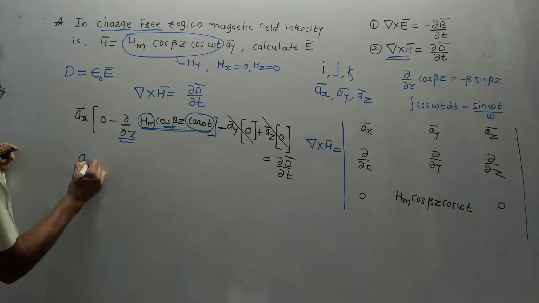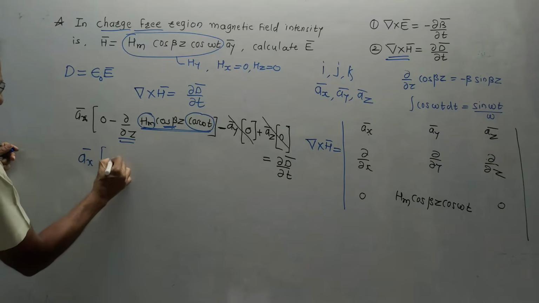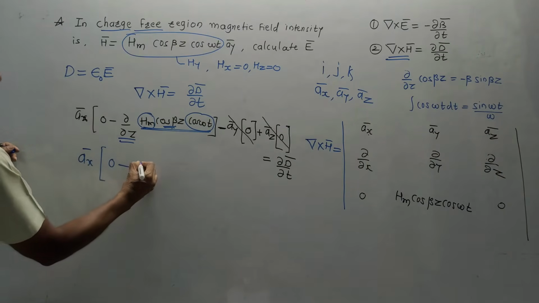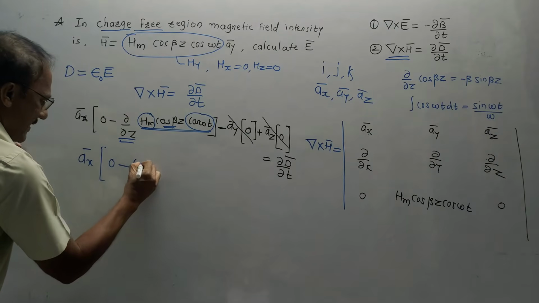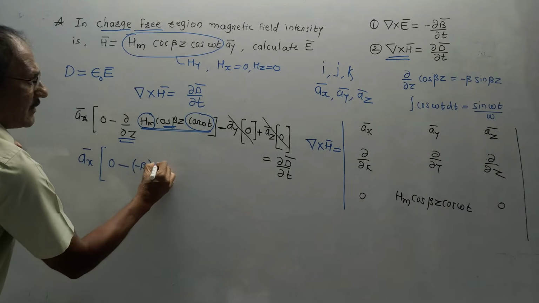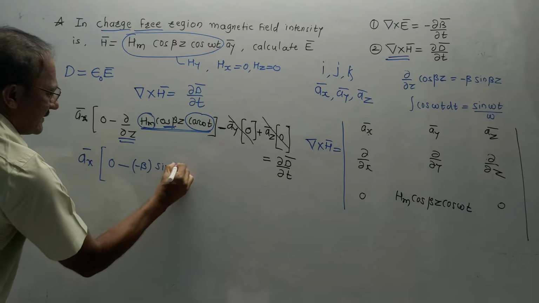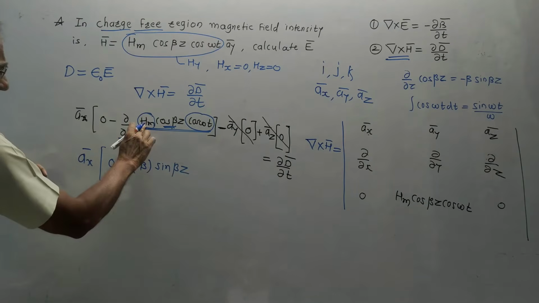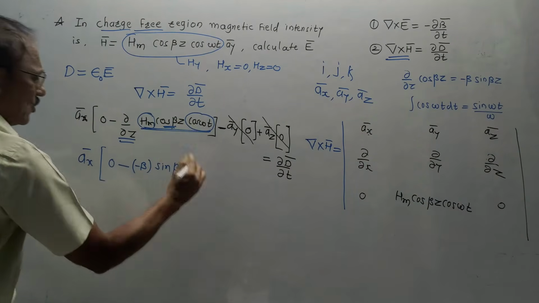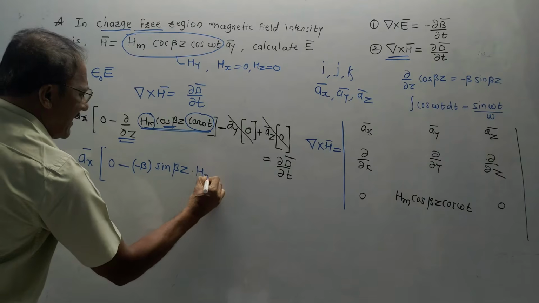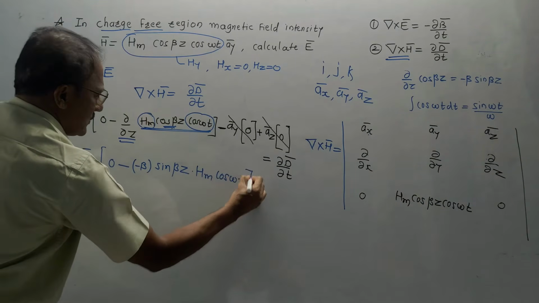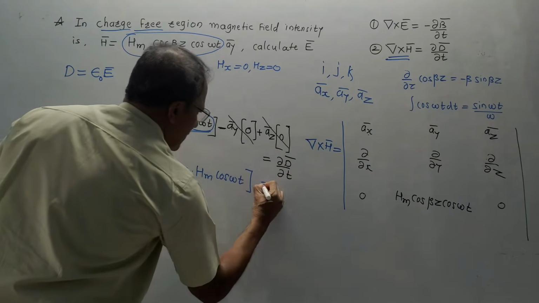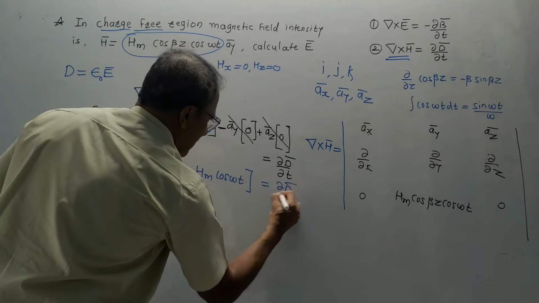So I will write the new equation, ax bar as it is, 0 minus this derivative, which is minus beta sin beta z, and as I said, hm and cos omega t are constants, so I am keeping it as it is, hm cos omega t. These are the constant terms. Remaining terms are 0 is equals to d bar by d bar t.